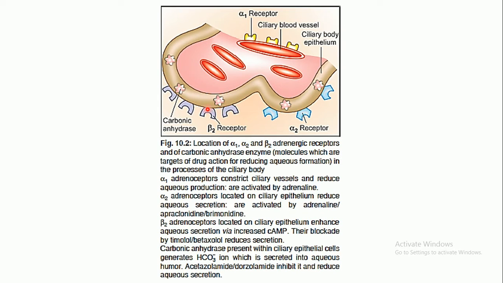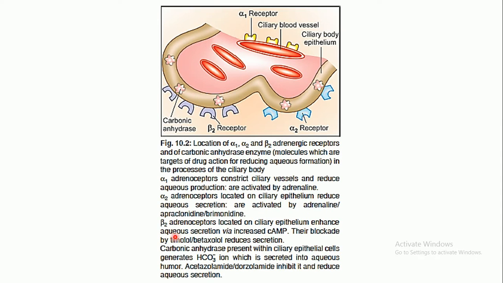Now the epithelium of the ciliary body contains the beta 2 receptors. These adrenoreceptors, which are located on the ciliary epithelium, enhance the aqueous secretion via increased cAMP.